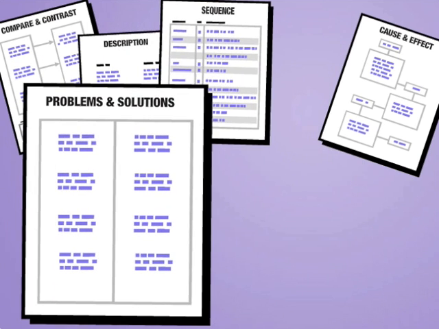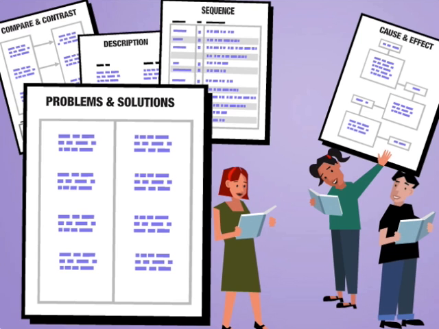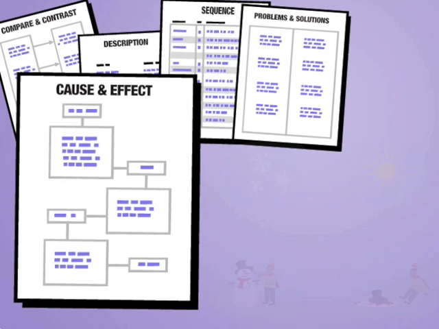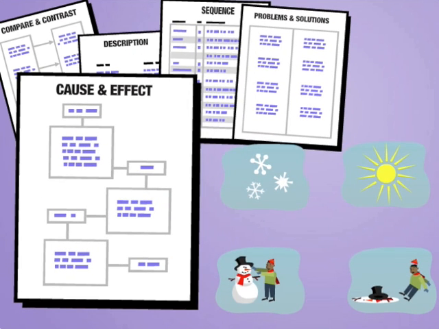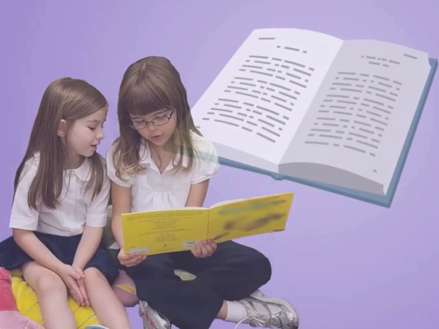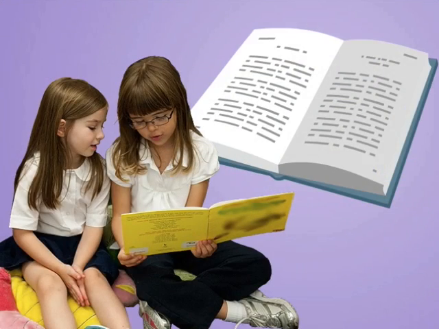When working with a problem and solution text, students may be able to act out key parts of the passage. Cause and effect texts can be explored by matching up pictures that represent causes and effects in a game-like activity. Students can also be helped to recognize clue words in a passage so they can identify the text structure.